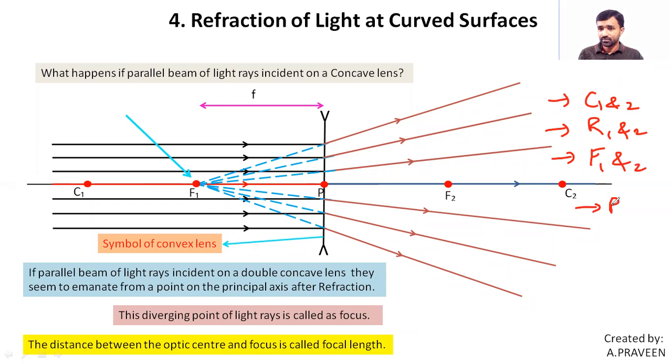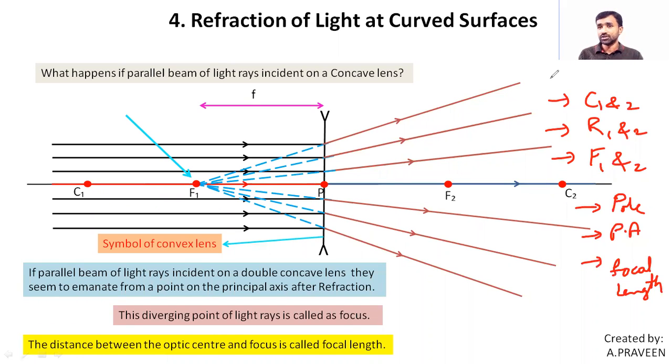One pole, principal axis, right? Next, the focal length. Only one focal length is available, right? Only one focal length is available. So these are the terminologies.